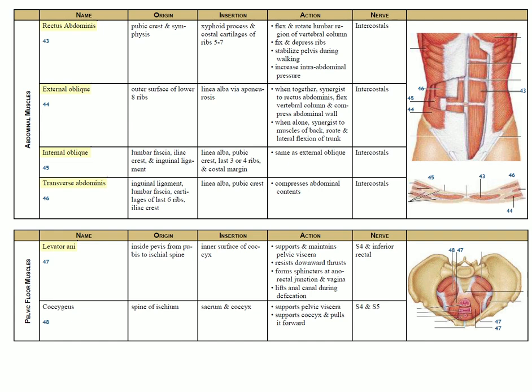Our external oblique, external outside, those are right here, number 44, and they wrap around at an angle down to the pubis. We have our internal oblique, number 45, so that's actually right there. They're the same as the external oblique.